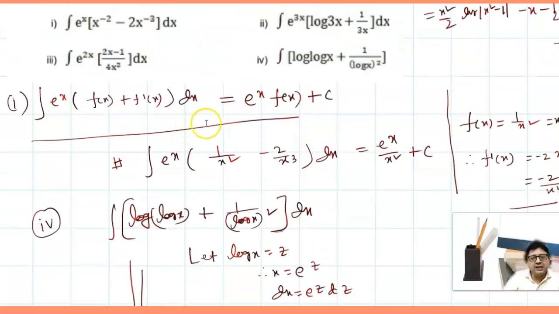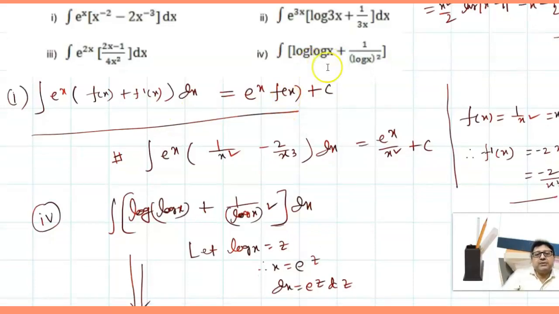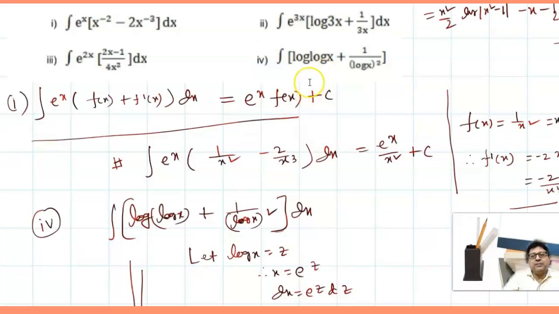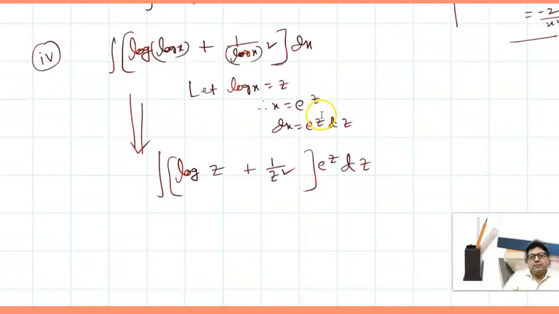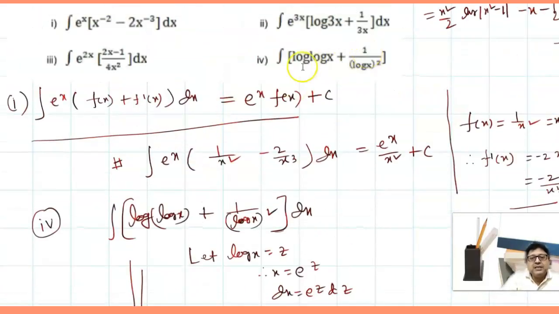Someone has made some mistake. Log of log x will not be there, then we cannot get the form e to the power x into fx plus f dash x. So I tell you to leave this sum at this moment. It cannot be log of log x plus 1 by log x whole square. It will be, I am telling you, 1 by log x plus 1 by log x whole square form.